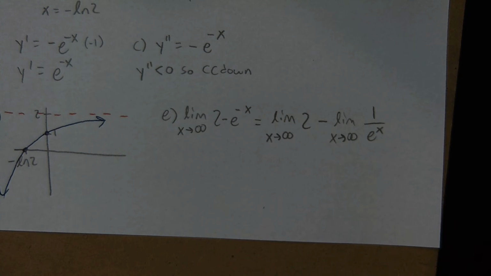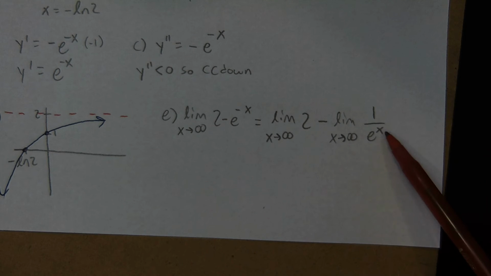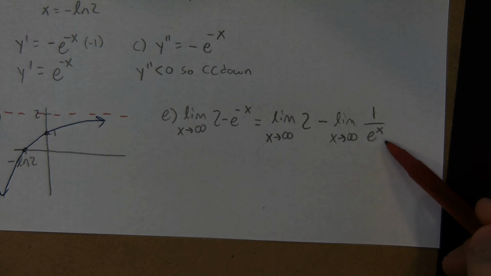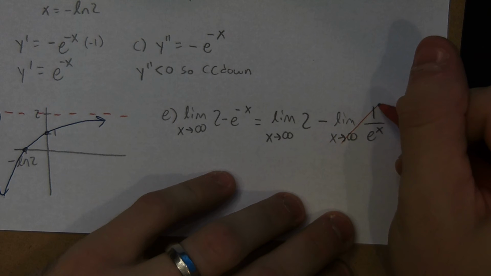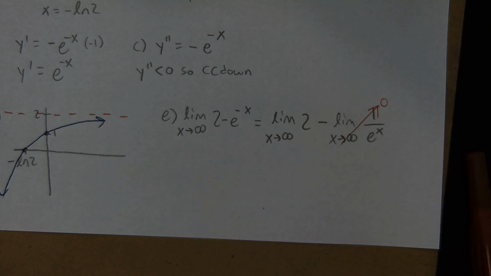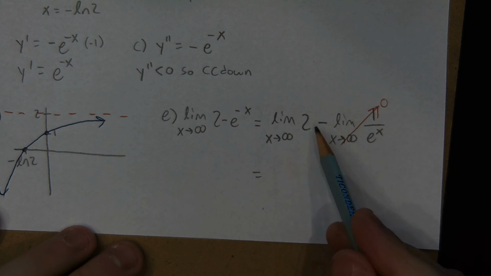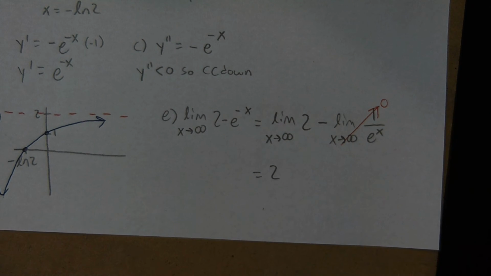And when you drop an infinity right here, you have e to an infinity, which is just infinity. So what you have here is a constant divided by infinity, which will automatically go to 0. Which means you're just left with the limit as x approaches infinity of 2, which is just 2. Boom.